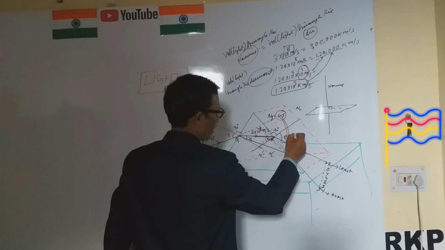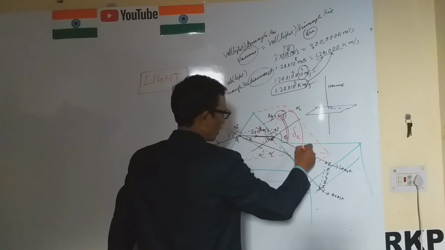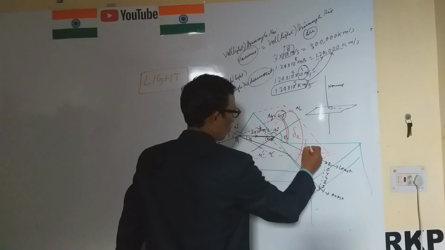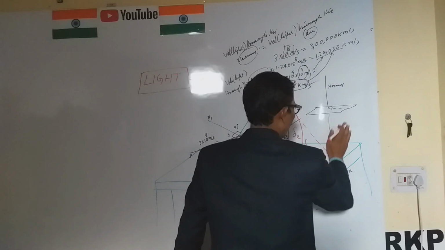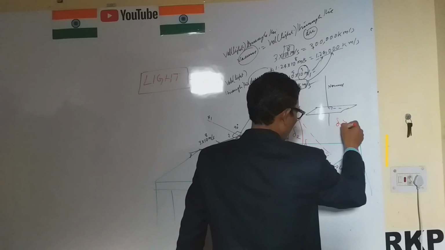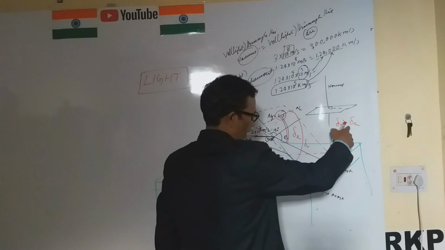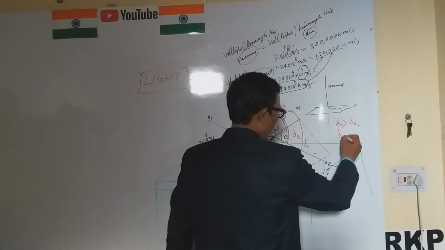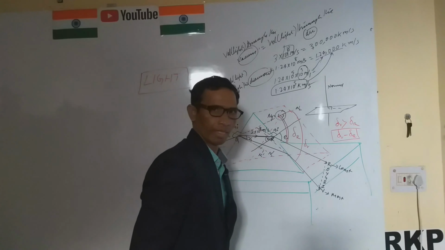This is called the deviation angle of red color, and this is called the deviation angle of violet color. The deviation angle of violet color is greater than the deviation angle of red color. So the difference between them is the angular displacement.